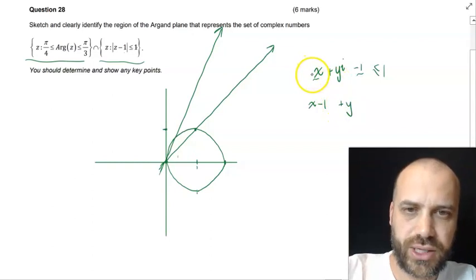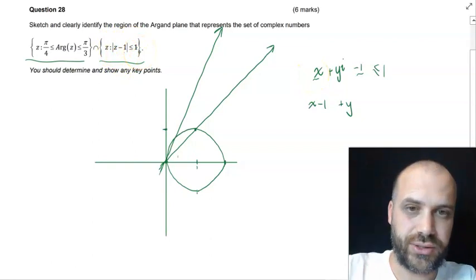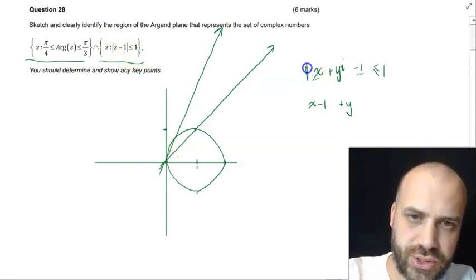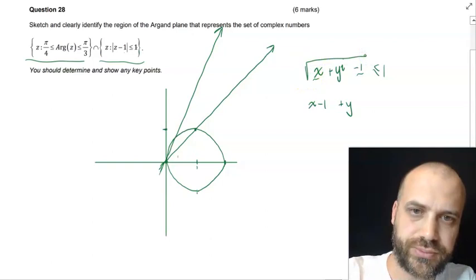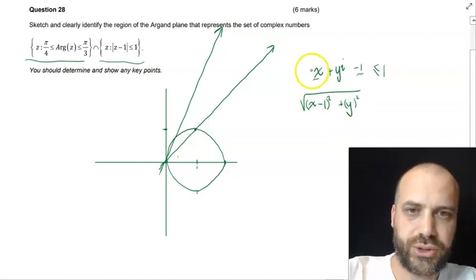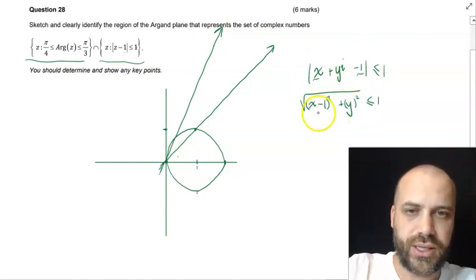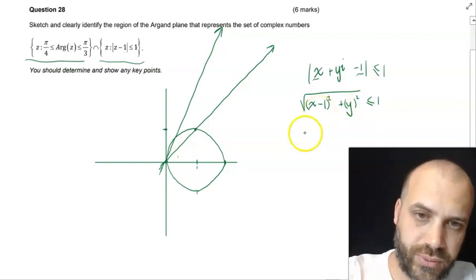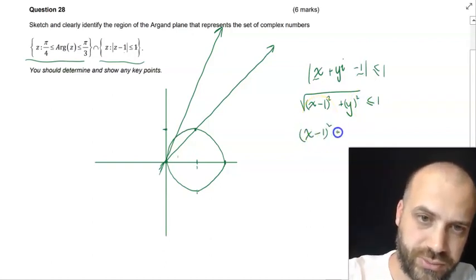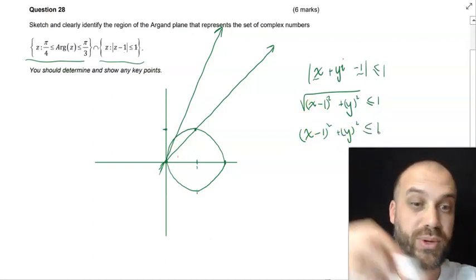Now we're trying to find the distance here, the absolute value. So that's going to be equal to the square root of this bit squared plus this bit squared. Should probably tidy this up. Okay, and that's got to be less than or equal to 1. And so you can see now we have that circle equation. Okay, because if I square 1, I get 1.